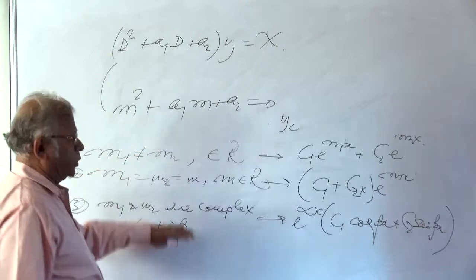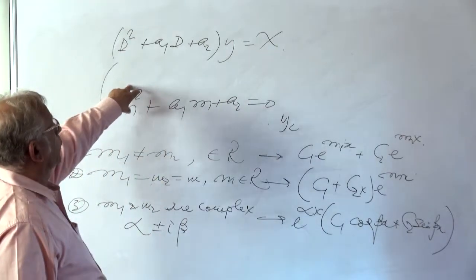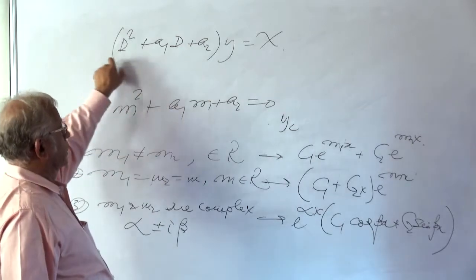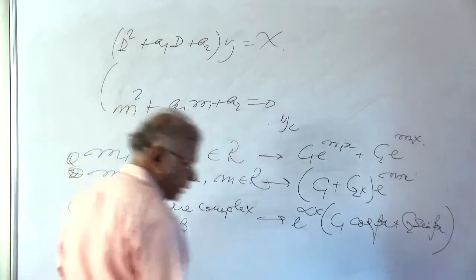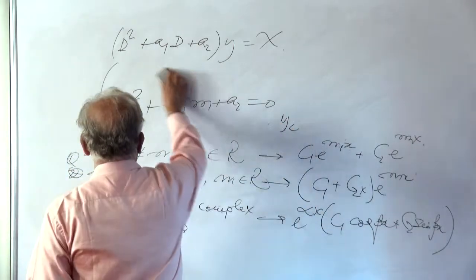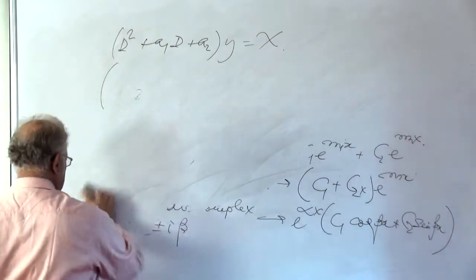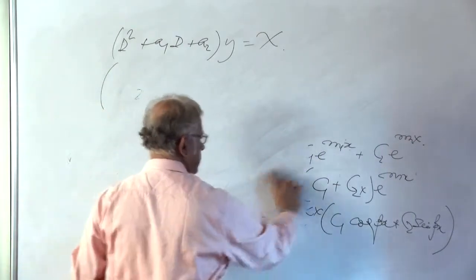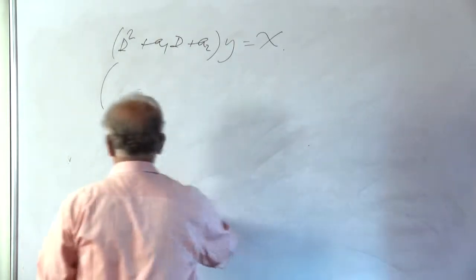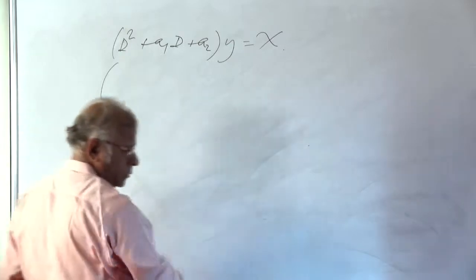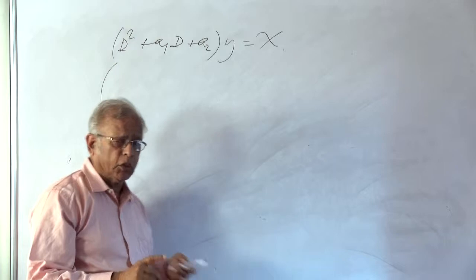So these are the three solutions, but again our real focus is to find the inverse operator applying on X, and that gives us the particular integral. So we write that straight away. What we have done a little while ago is just to recap, and that's good.